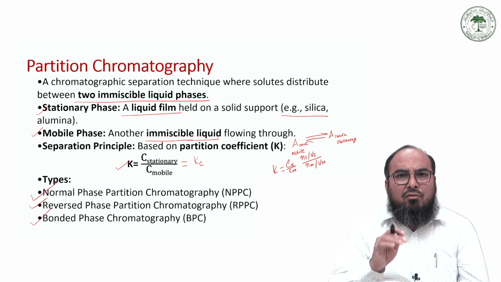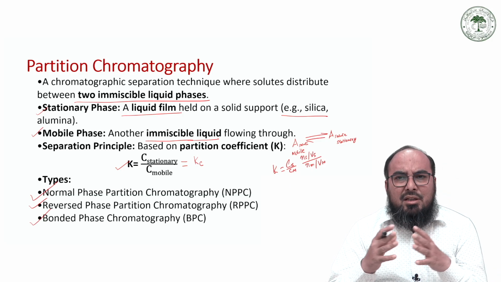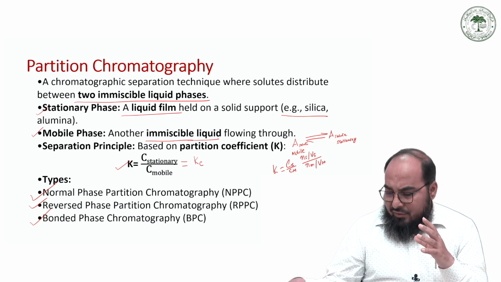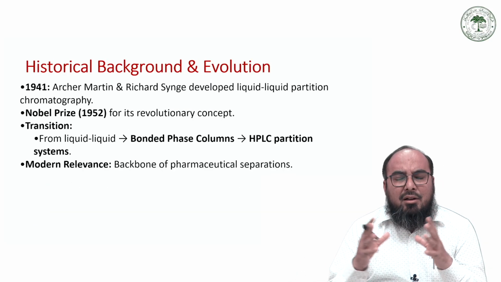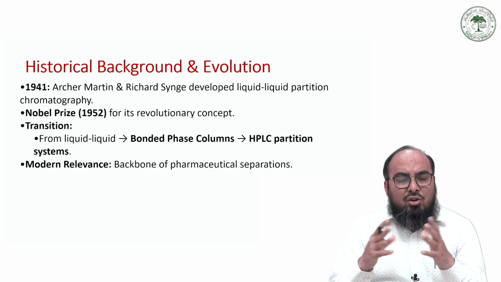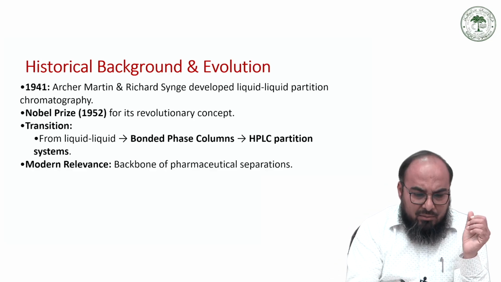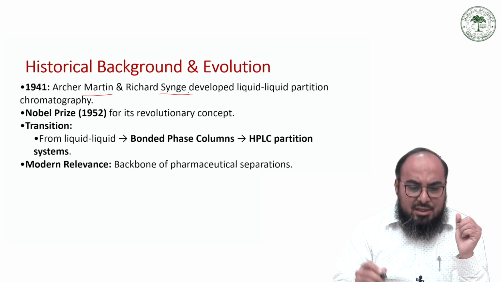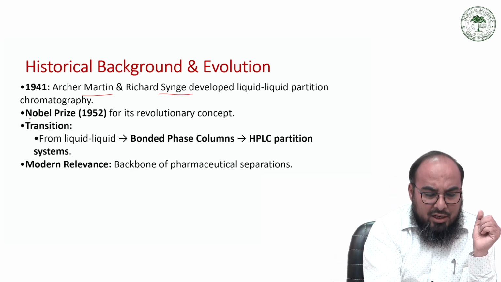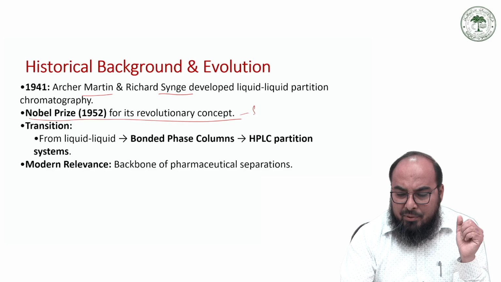So let us look one by one at the difference between these three partition chromatographies. First, the historical background: the idea was given by Martin and Synge, who got the Nobel Prize for this revolutionary idea for separation science.